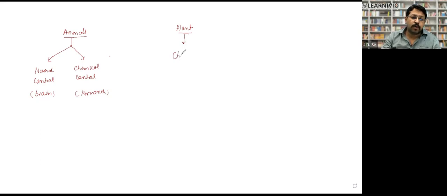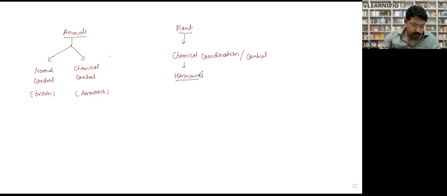They have just one kind of control, called chemical coordination, or you can call it chemical control as well, right? Their body is controlled by only and only hormones, right? So they have hormonal control. That is the control and coordination in plants.